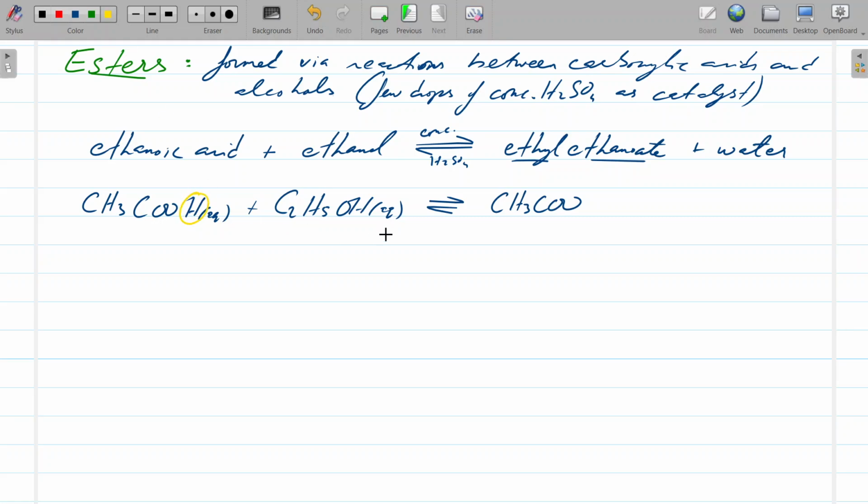You're losing the hydrogen from the acid, you're losing the OH from the alcohol, and that's how you get the water. When you lose the OH, what are you left with? C2H5. So you add that over here, and this is aqueous, plus H2O, which is a liquid.